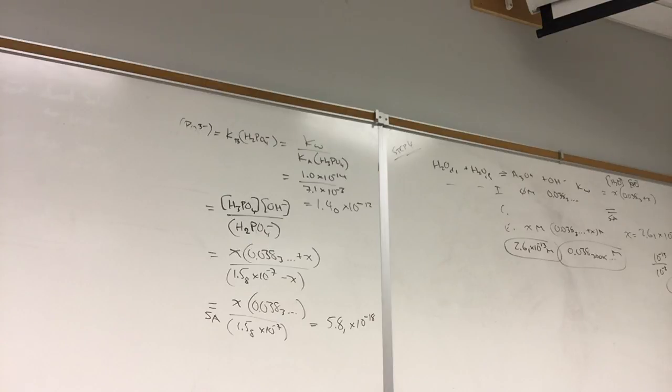The hydroxide, 0.0383 molar. And then the monohydrogen phosphate. What is the total concentration? We form some in step 1, and then we consume some in step 2, leaving us with how much total monohydrogen phosphate at the end? 0.03829. And then the dihydrogen phosphate.